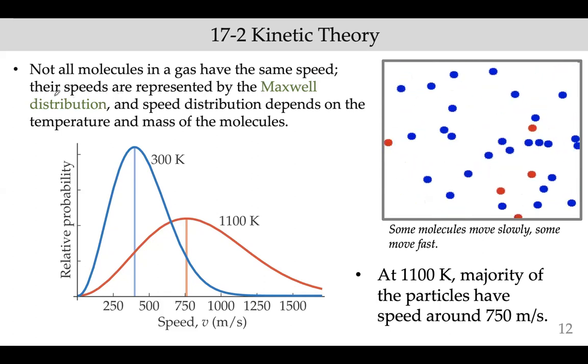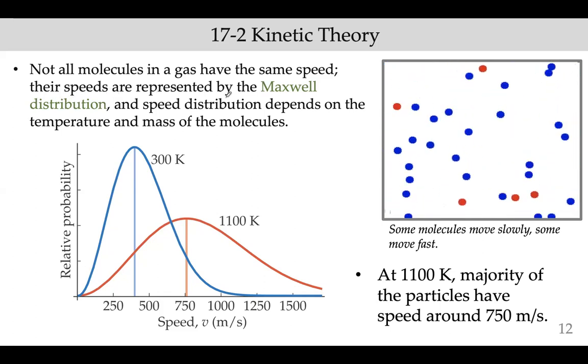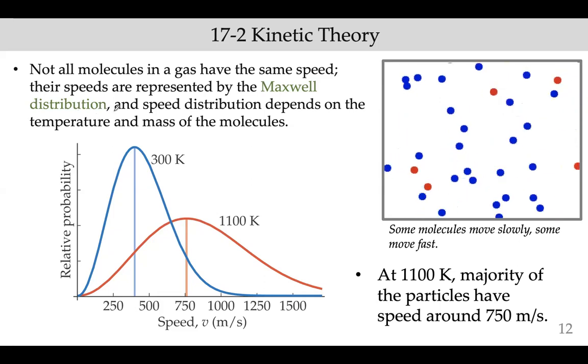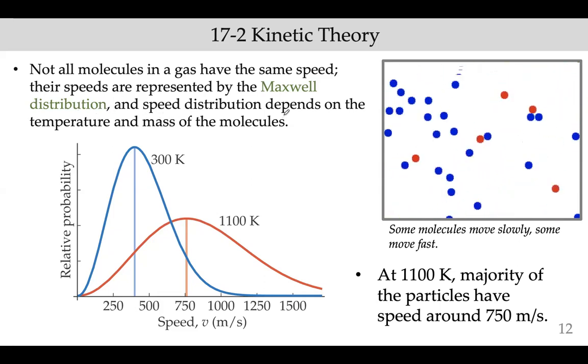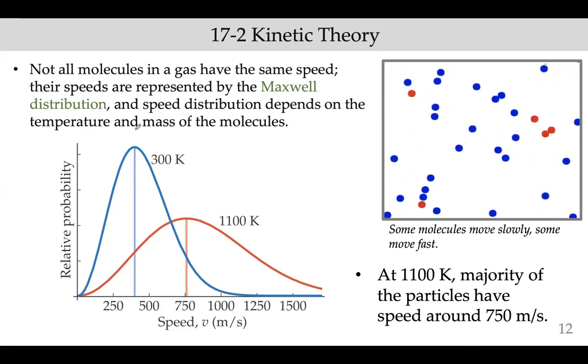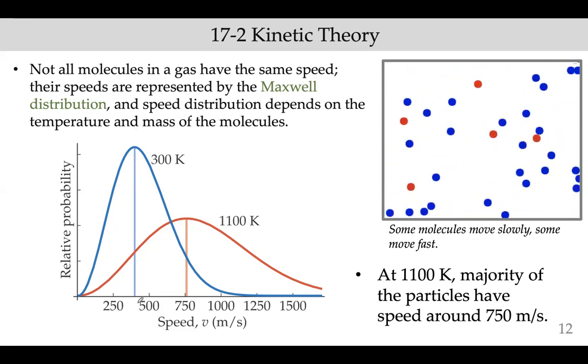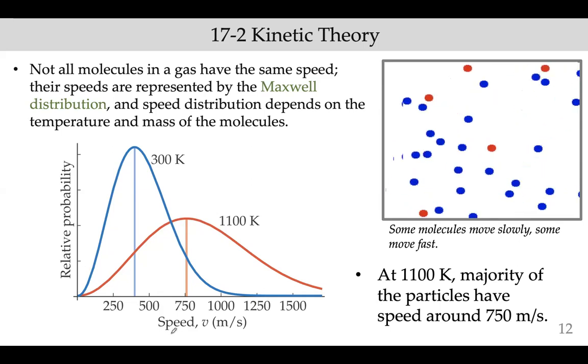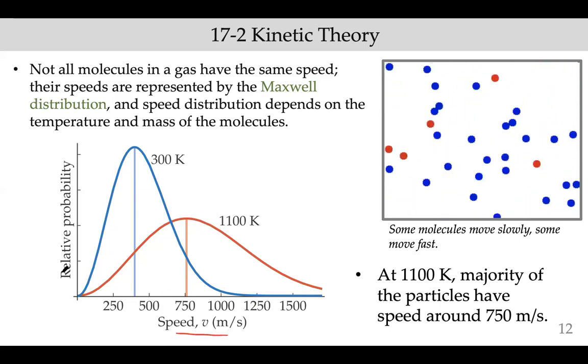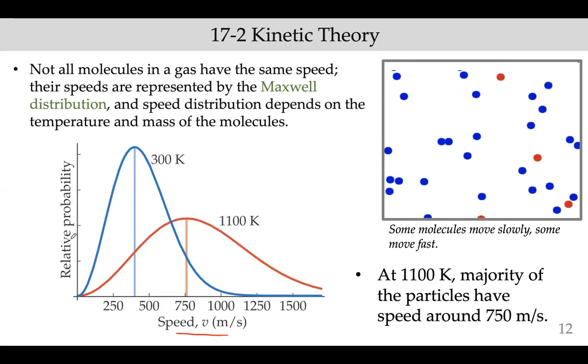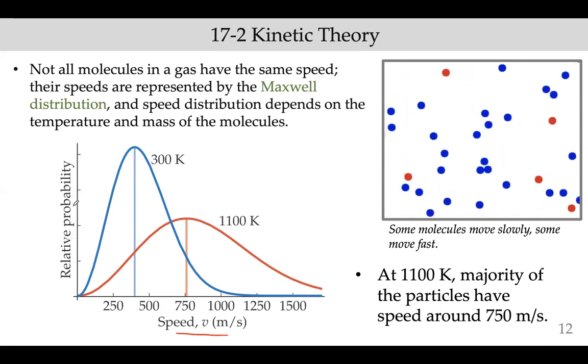Now, the speeds of the molecules are represented by Maxwell's distribution. And the speed distribution depends on the temperature and the mass of the molecule. So on the x-axis, we have speed now. So this is a distribution. The y-axis shows relative probability.